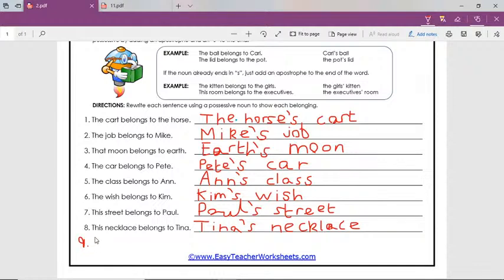We're going to use the example of this bookshop belongs to the people.